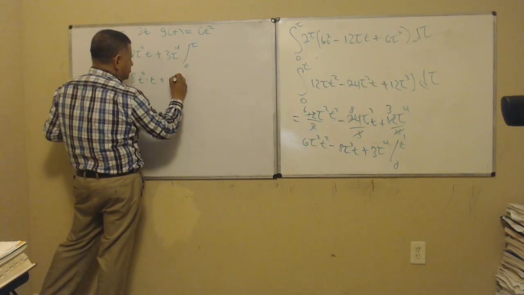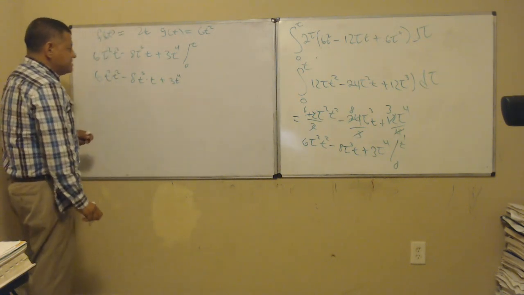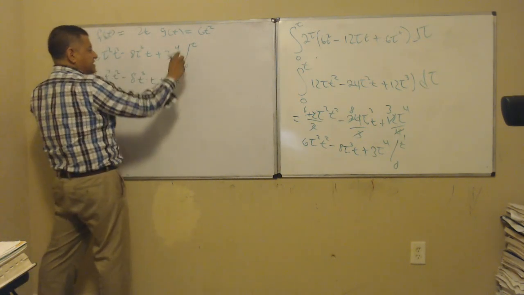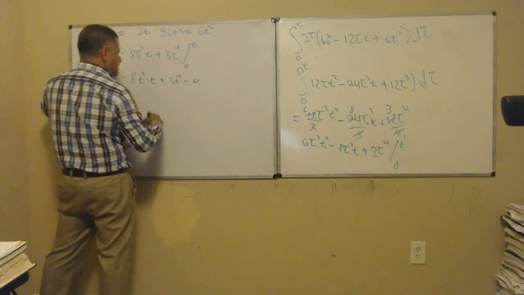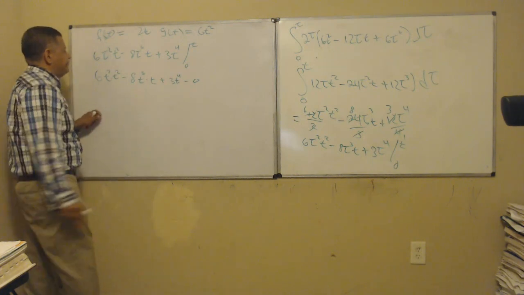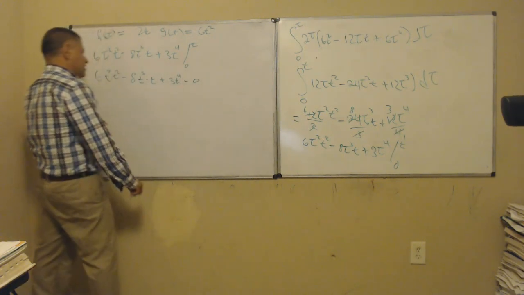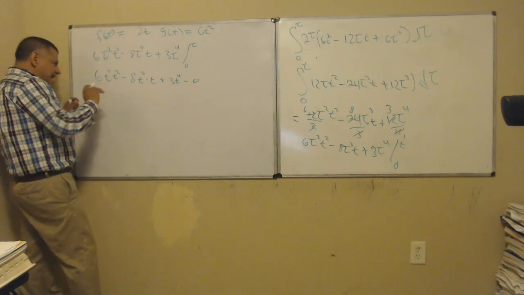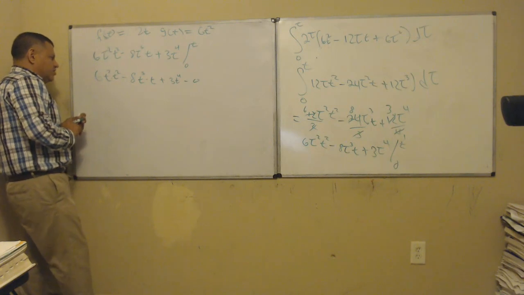This is a tau, so 3t to the fourth. Now, when I put 0 for every single tau, well, that is 0. Everything goes to 0. So now that is technically the integration.